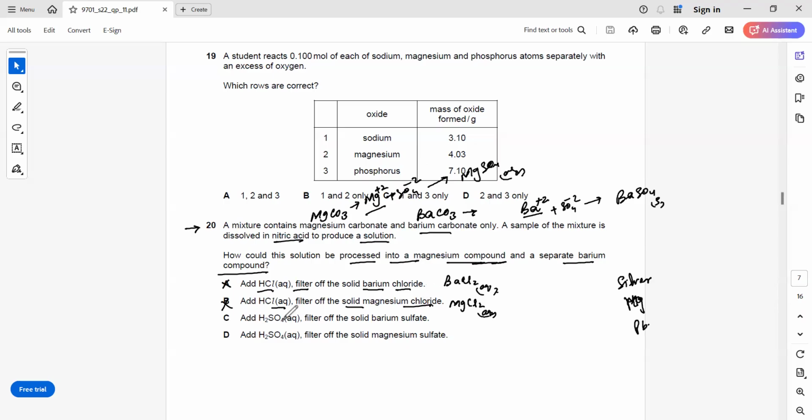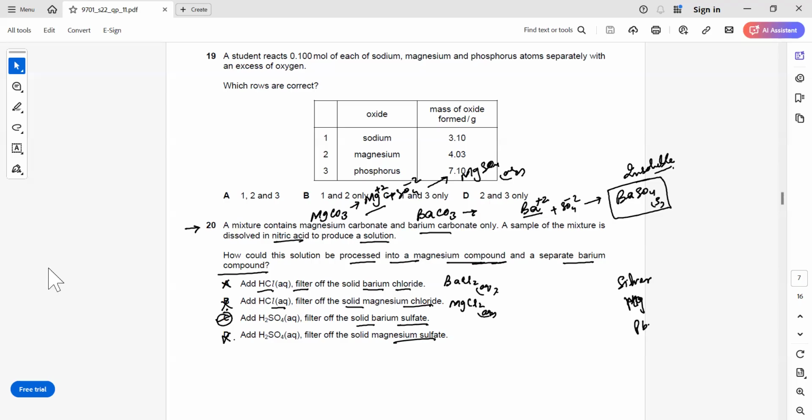So they are saying add sulfuric acid, filter off the solid barium sulfate. Yes, we can filter it off because it is insoluble, right? Which will form on addition. Add sulfuric acid, filter off magnesium sulfate: it is incorrect because it is soluble. Clear? So option C is correct.